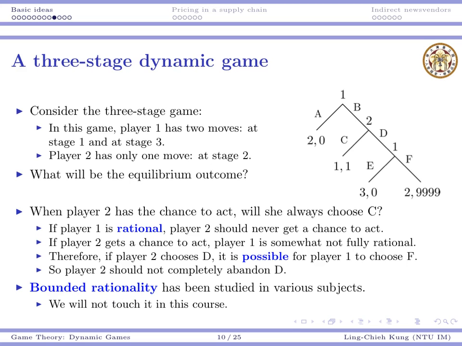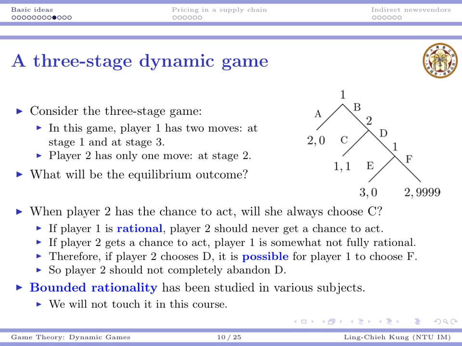So people use different kinds of models to deal with situations in which players are boundedly rational with some probabilities, or sometimes they make wrong decisions, or they just cannot know everything in a game. Those are some topics in the typical game theory course, but we don't have time to talk about them.